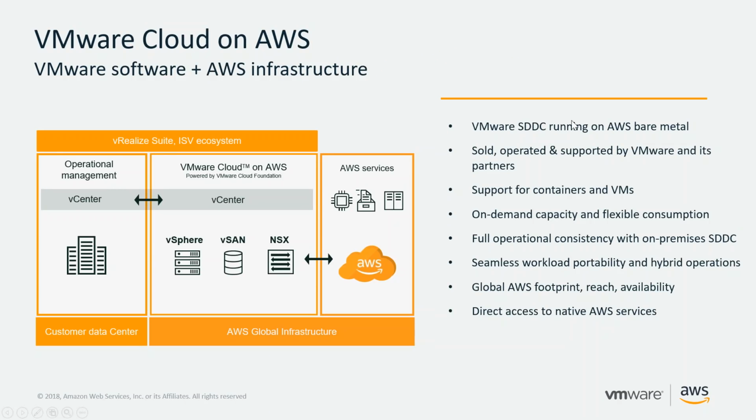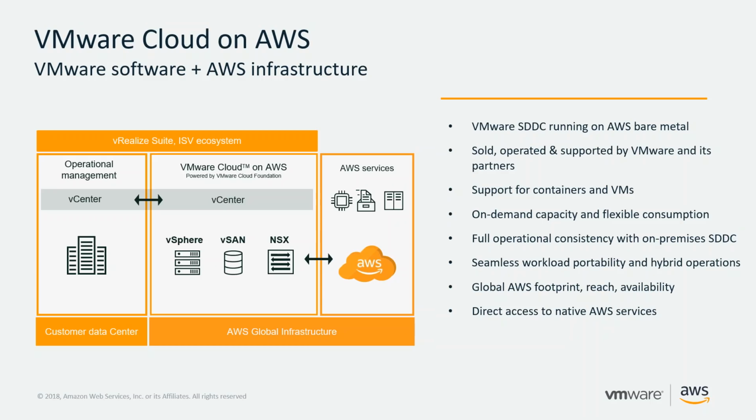And then also, with VMware Cloud on AWS, you do have the added benefit of utilizing your VMware software and AWS infrastructure in place. So the VMware SDDC is running on AWS bare metal. This is sold, operated, and supported by VMware and its partners. It's support for containers and VMs. It also allows for on-demand capacity and flexible consumption as needed.